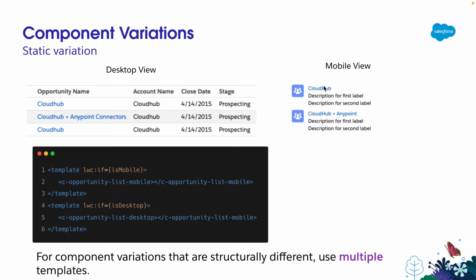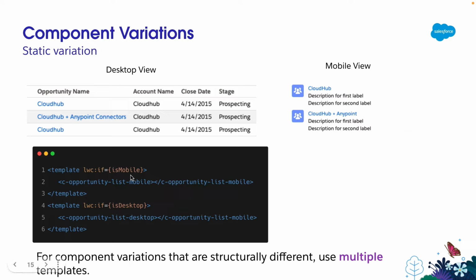For these types of components that are structurally different but have the same data, make sure to use multiple templates and then use directives. For example, in this case, I can use a directive called lwc:if and conditionally render a list mobile view component.